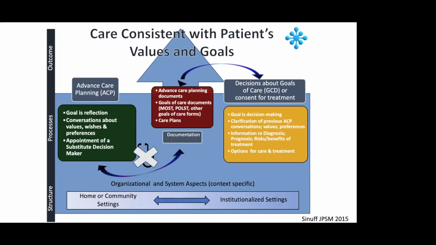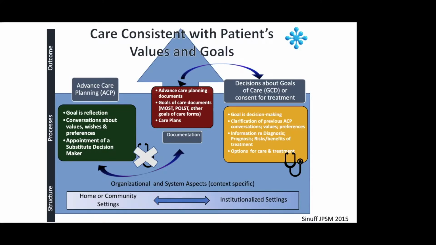But as you move to the right of the screen, and this is certainly where I've had more experience working with people and their surrogates to make decisions about their medical treatment, which we obviously have to be involved in as clinicians, there's a process of informed consent that we have to follow to make sure patients are aware of the risks, benefits, trade-offs, et cetera, of the different options available.